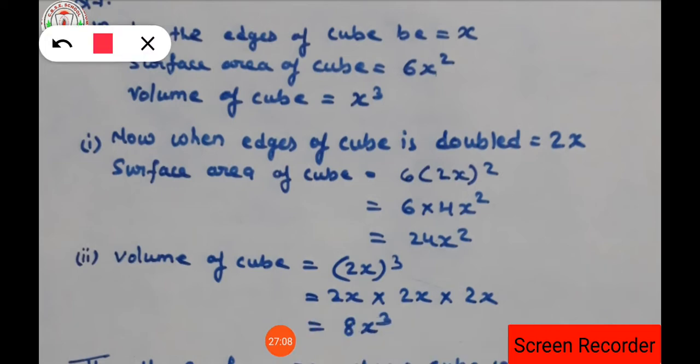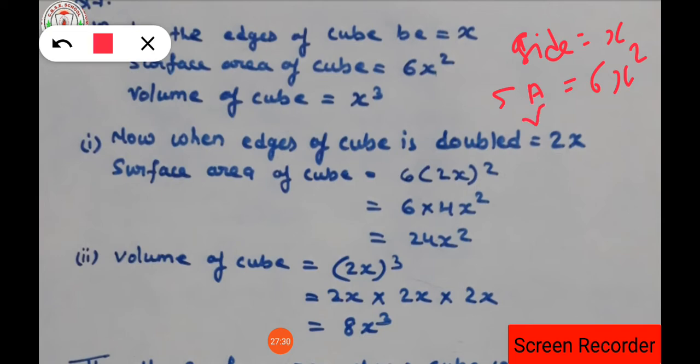Suppose we have a simple cube, and its side is x. Then what will the surface area of the cube be? A simple formula for the surface area of a cube is 6x square, isn't it?